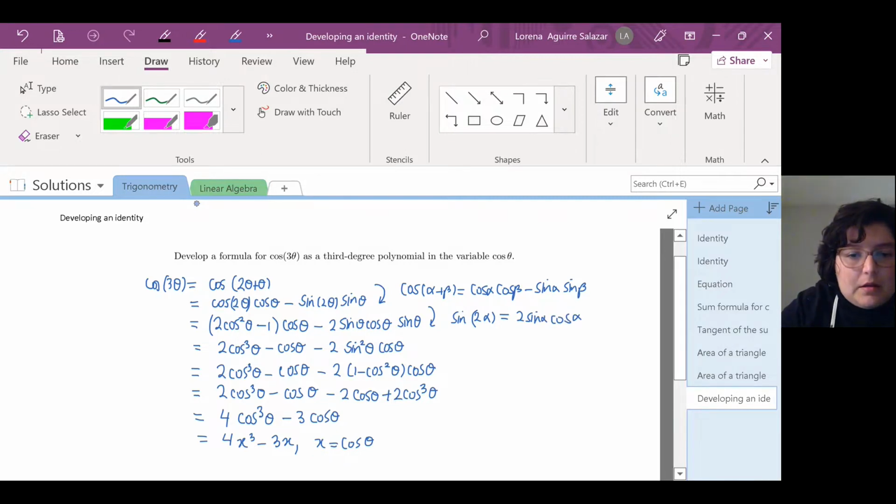Then we used that sine squared of theta, or in general, any angle, is the same as 1 minus cosine squared of the angle. And then we distributed, like we foiled everything, and then we collected like terms.